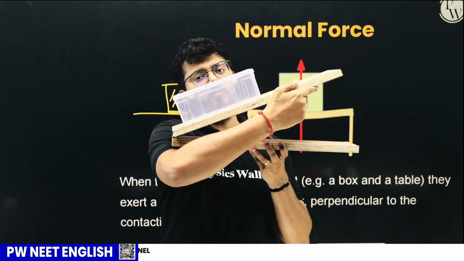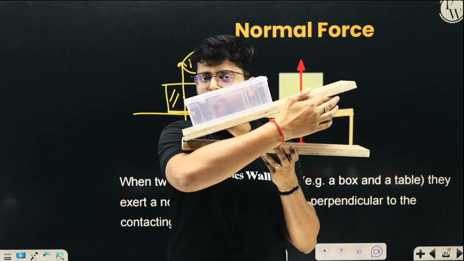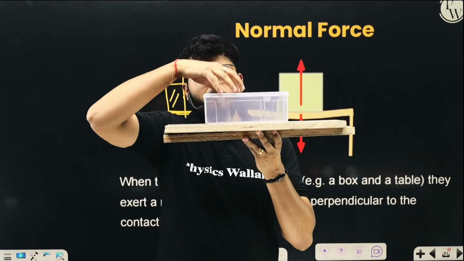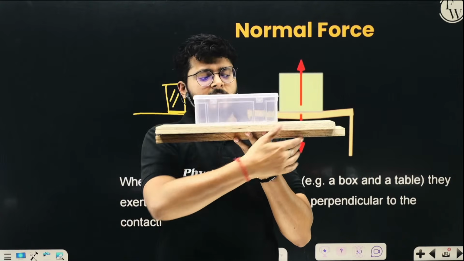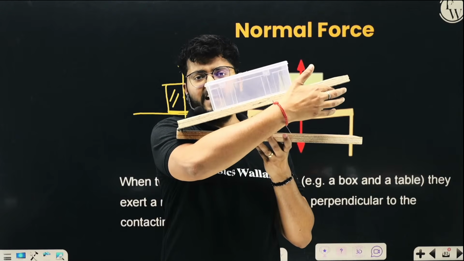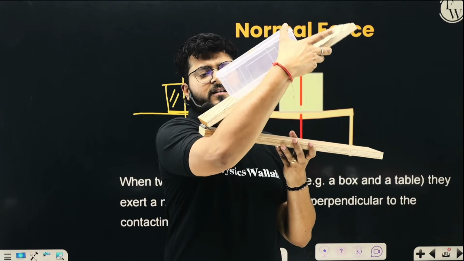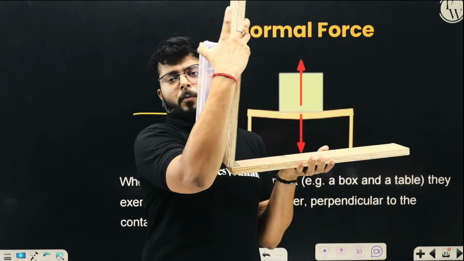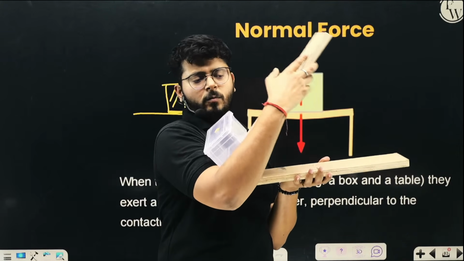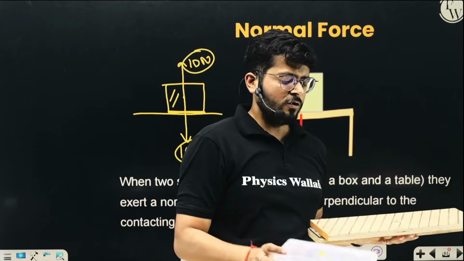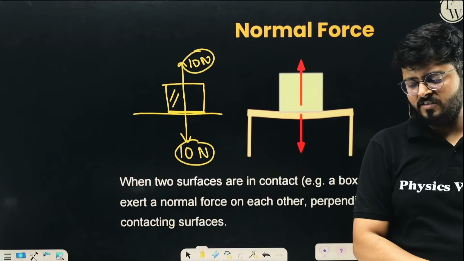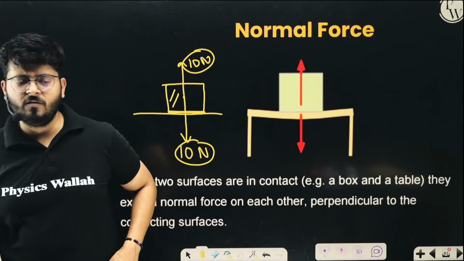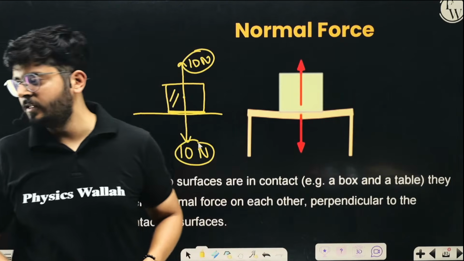Right now the box is pushing harder against the surface. Now the box is not pushing as hard. If I tilt it further at this angle, the box doesn't even want to push against the surface. It wants to slide down, right? Clear? So the tendency to push against the surface is reducing, and that reduction is causing the drop of normal reaction, right?